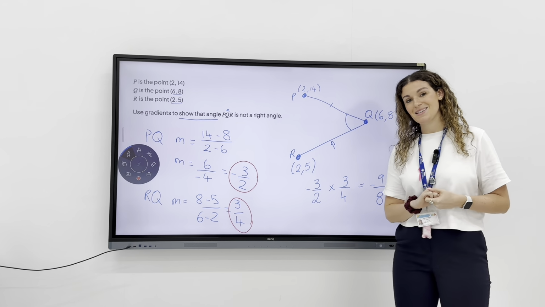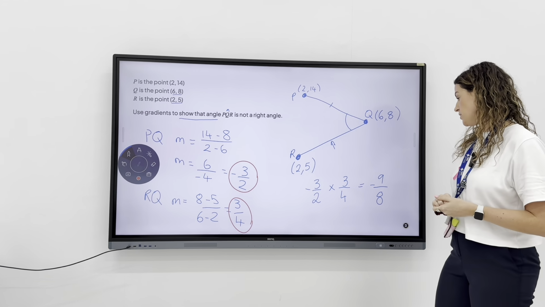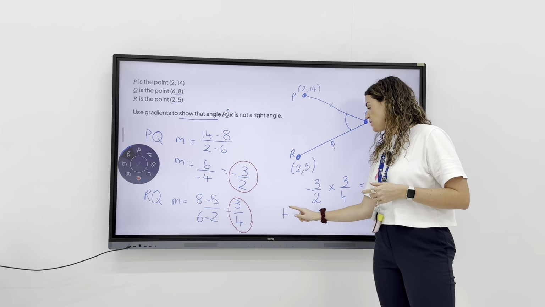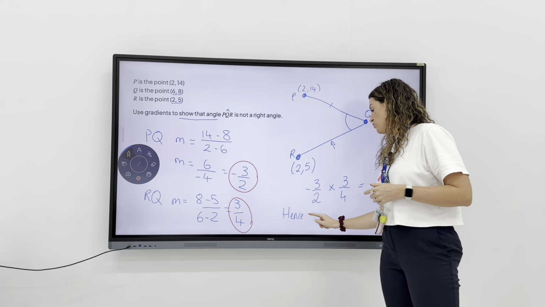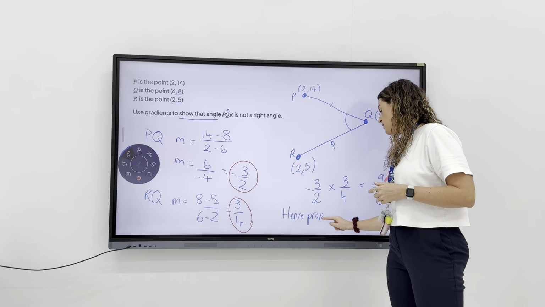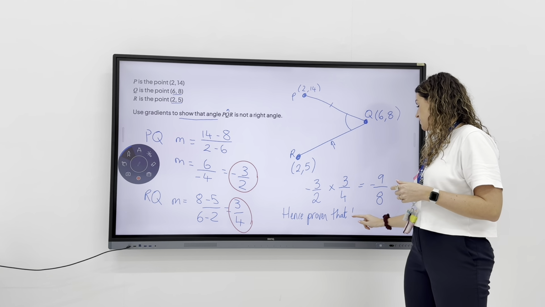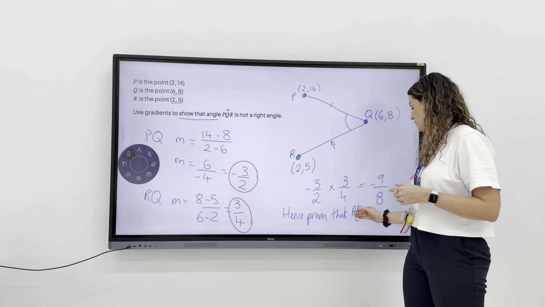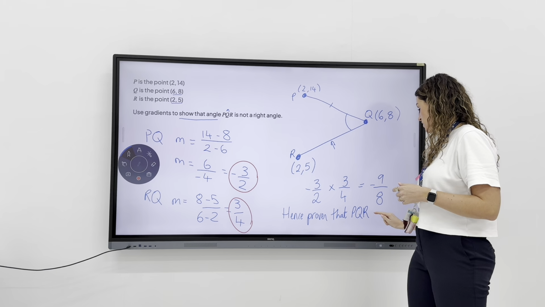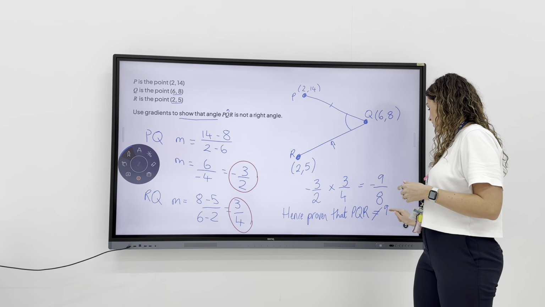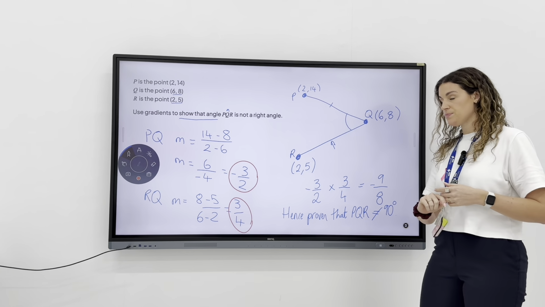Minus 9 over 8 is definitely not negative 1. So then you just want to say something like, hence proven that PQR does not equal 90 degrees.